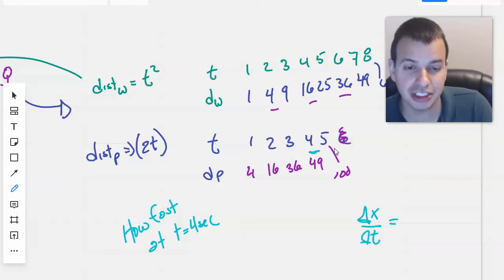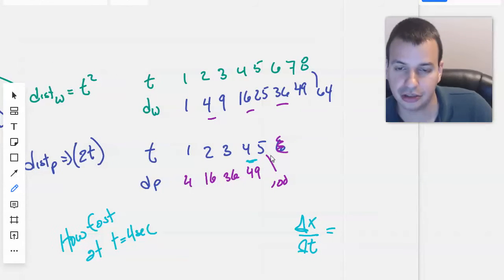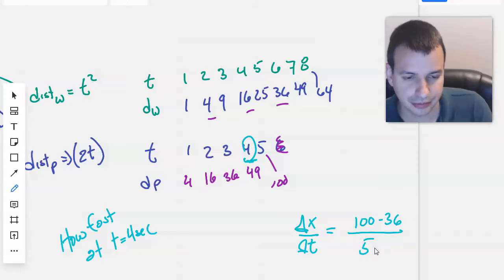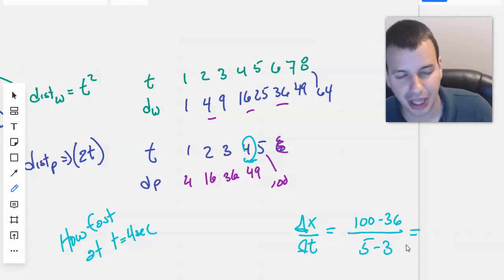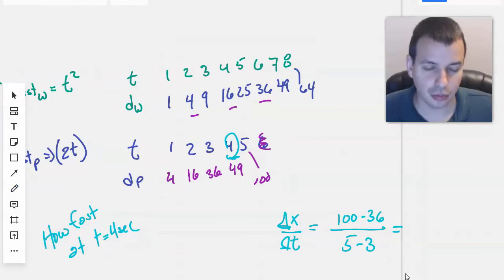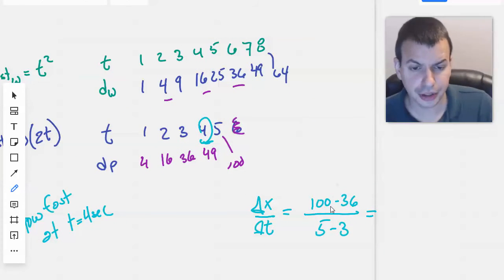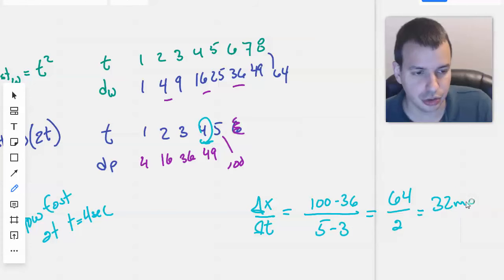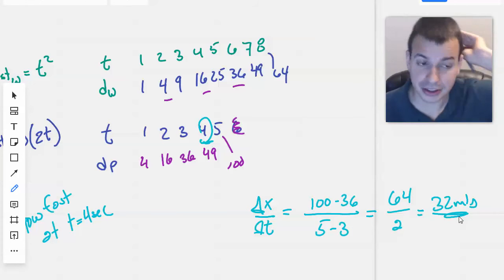So our change in distance here, if we approximated this, this is the point that we're looking at, which is 4. We do 100 minus 36, because that'd be our distance, over 5 minus 3. I know people don't actually run with this kind of crazy acceleration forever. We're going with this. So 100 minus 36 is 64, 5 minus 3 is 2, and we're left with 32 meters per second. Okay, that seems reasonable.